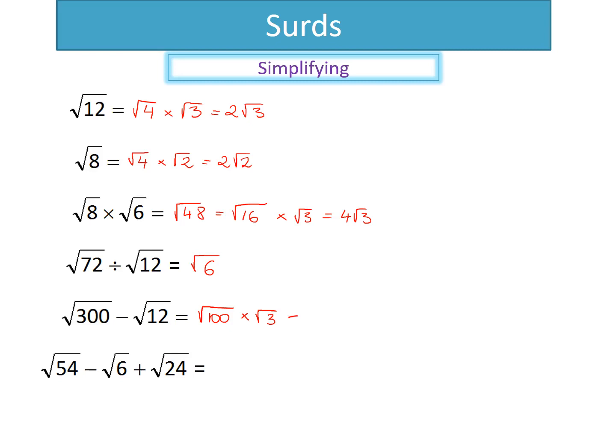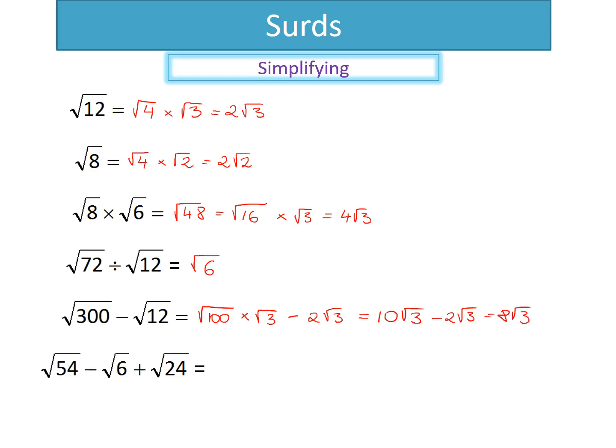We've done this example already. I know that's going to be 2 root 3. Now square root of 100 is 10, so I've got 10 root 3, take away 2 root 3. Now because the roots are the same, I can actually take away, so that's going to be 8 root 3.